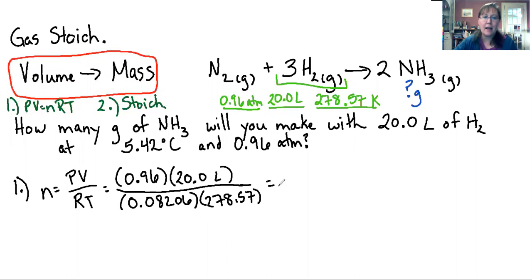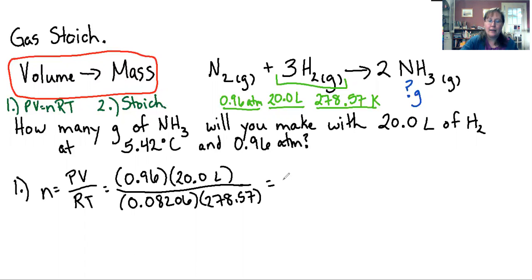And if you've already looked at the slides, you'll know that this one's a little bit different. So we have 0.96 times 20 divided by 0.08206 divided by 278.57.